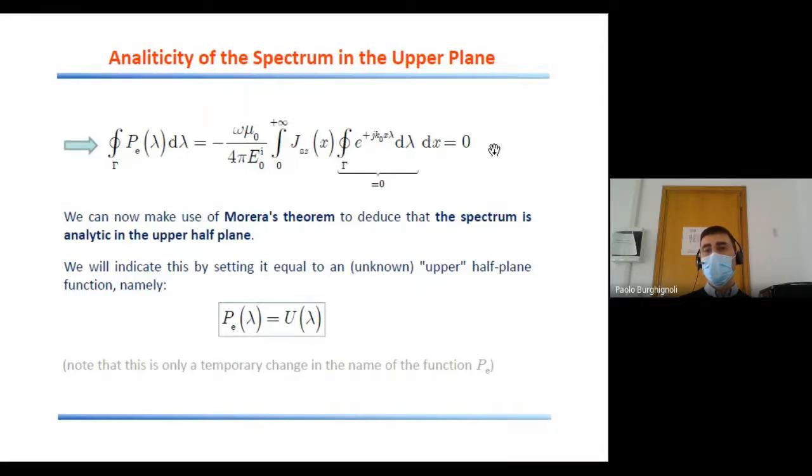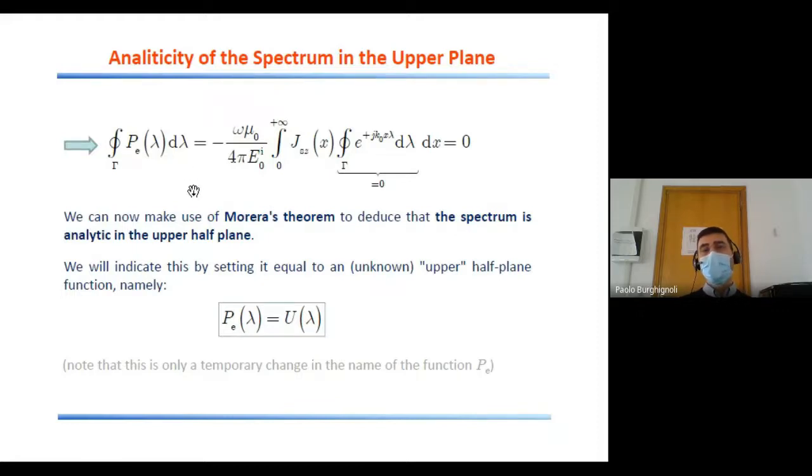So we have discovered that if you integrate the spectrum along any closed curve gamma, the result is equal to 0. Now we make use of Morera's theorem, which is, if you think of it, the converse of Cauchy theorem, that the spectrum is an analytic function in the upper half plane.